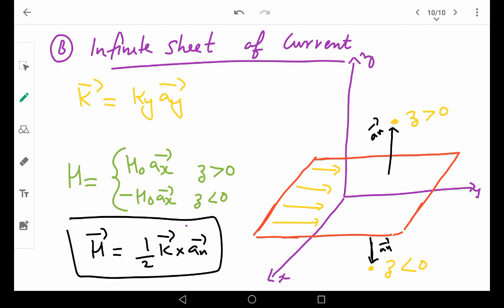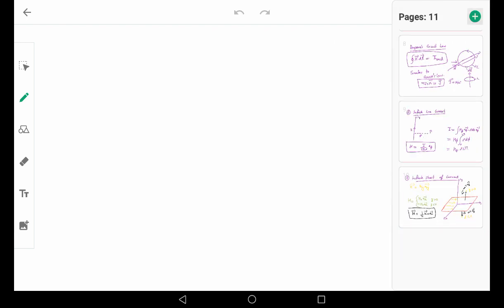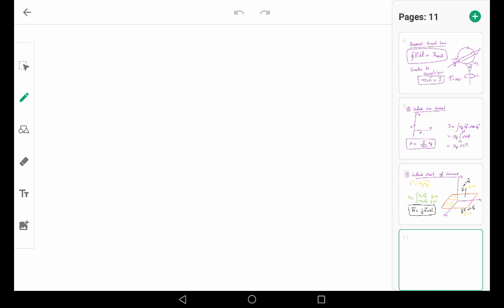So in this particular case you have aN equal to aZ, and in this case aN equal to minus aZ. So it depends on the particular plane that you are using. Sometimes the plane may be the XZ plane, or sometimes the YZ plane. Accordingly the thing will be changing. That's all we will do about that.